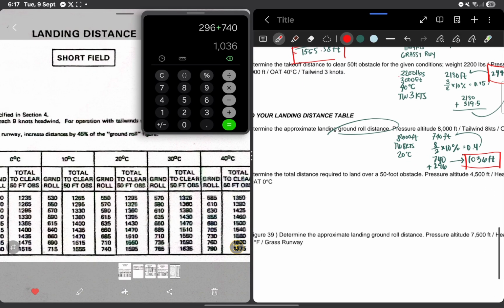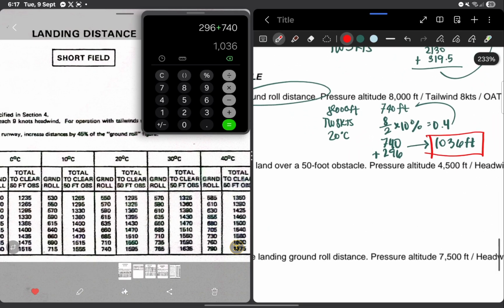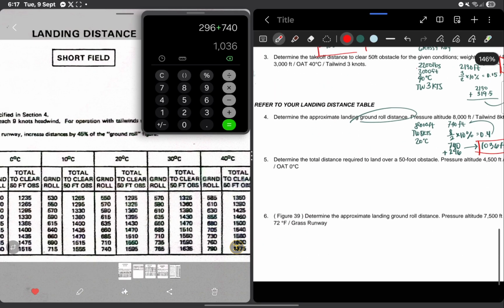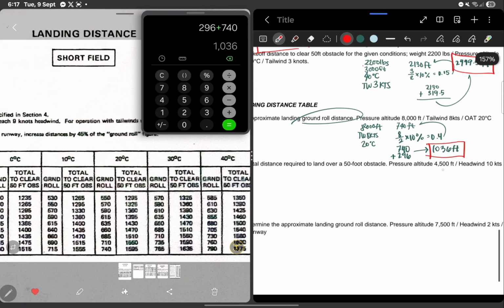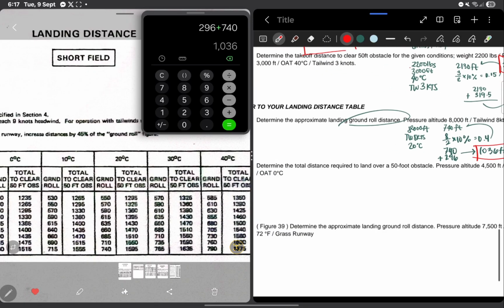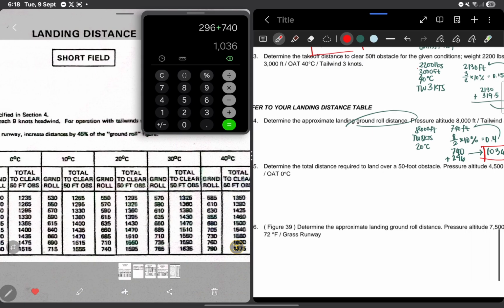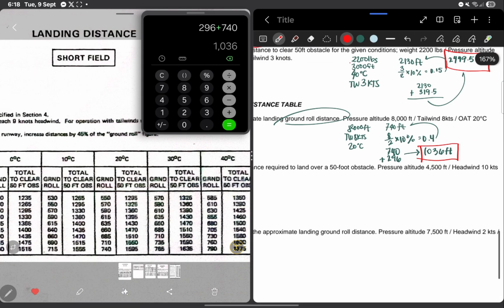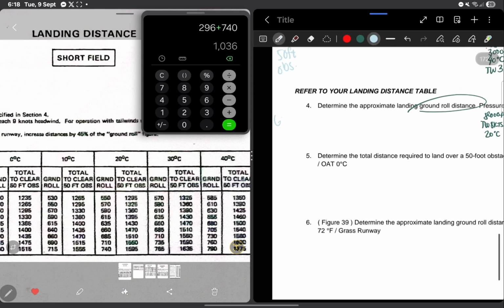Okay, next up, we have number 5. Let's write down: determine the total distance required to land over 50-foot obstacle, pressure altitude of 4,500 feet, headwind of 10 knots, and outside air temperature of 0 degrees. So again, wait, hold on, this is ground roll.